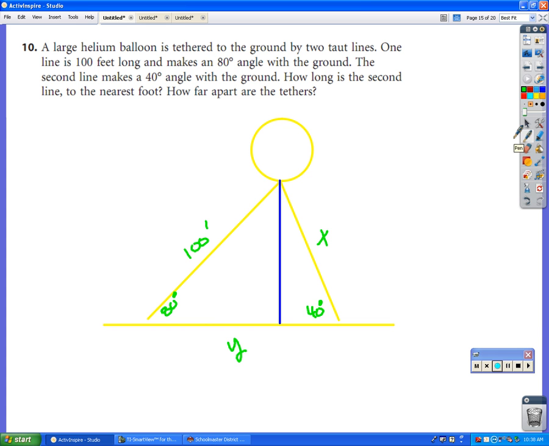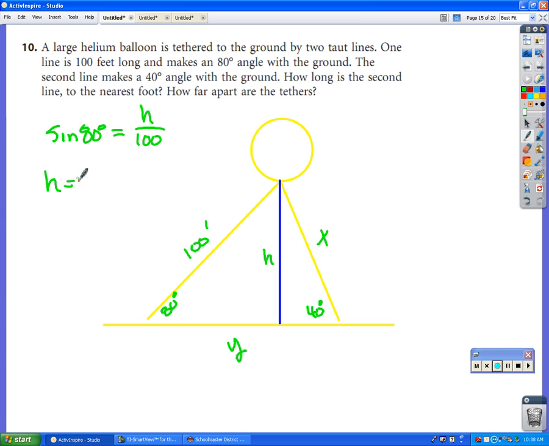And if I do that, then I can take this side over here and figure out what this missing height is. So since I know this angle is 80 degrees, h is opposite of that, 100 is the hypotenuse. So that means the sine of 80 degrees is equal to the opposite side over the hypotenuse.